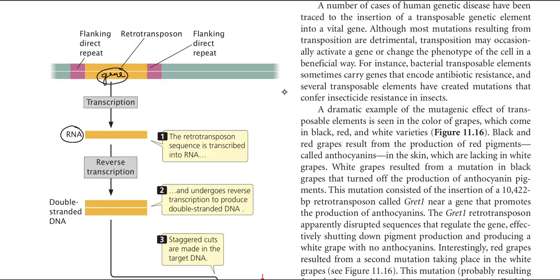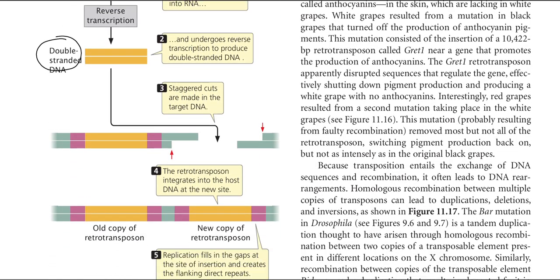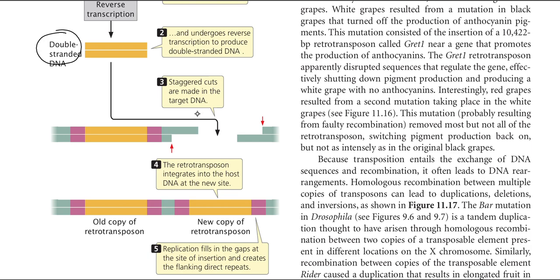This RNA, with the help of reverse transcription, will convert into double-stranded DNA. The double-stranded DNA then finally integrates into the target sequence. These cleavages are made by the transposase enzymes, where the double-stranded DNA will be integrated and the FDRs will be generated.